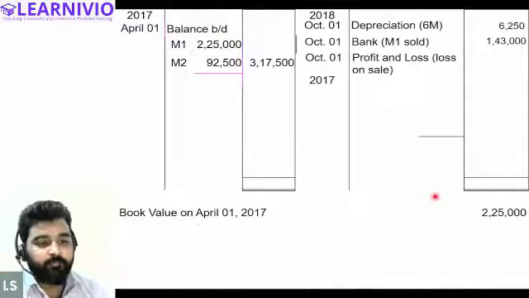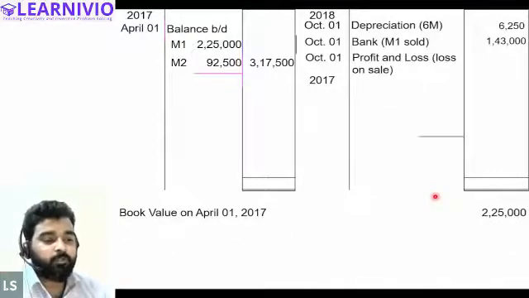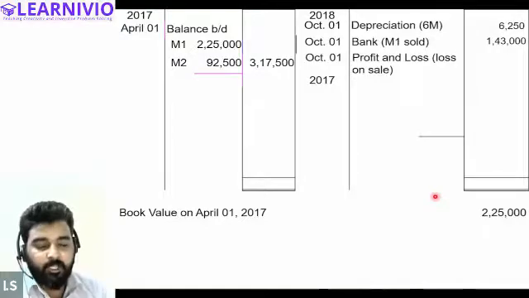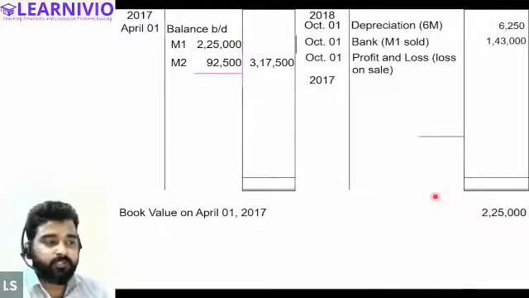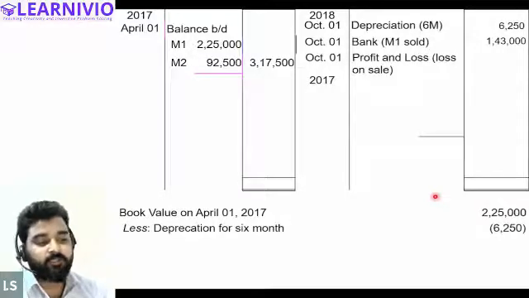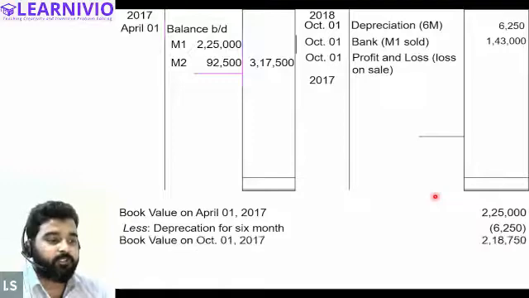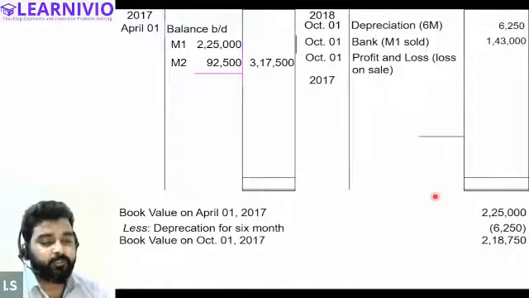At the beginning of the year, the machine was 2,25,000. Out of this, depreciation of 6,250 rupees arises, and after charging depreciation, the current value of the machinery at the time of sale was 2,18,750 rupees.